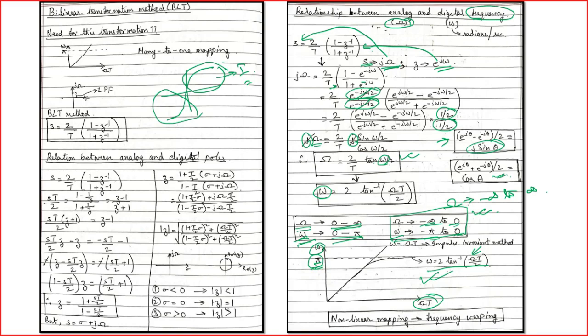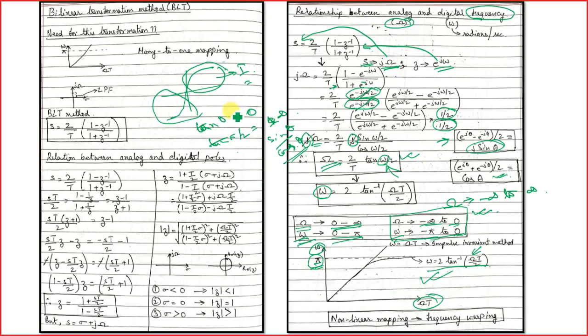Because what is tan 0? Zero. Tan pi by 2 is infinity.